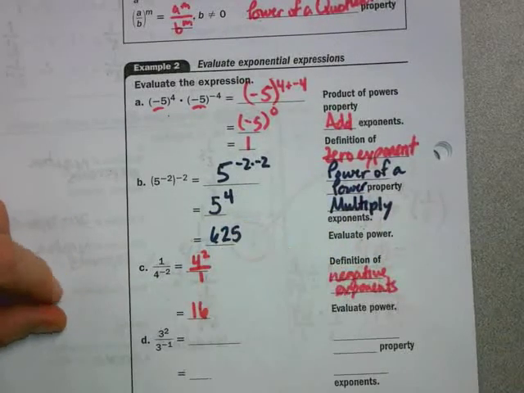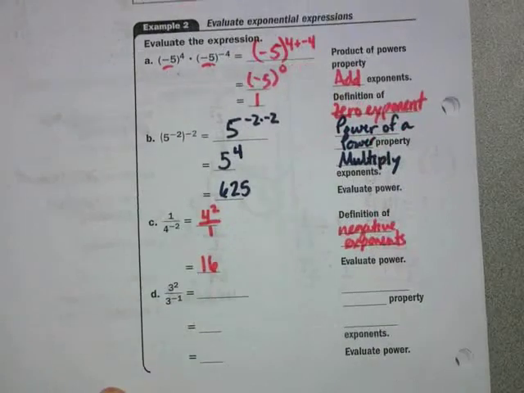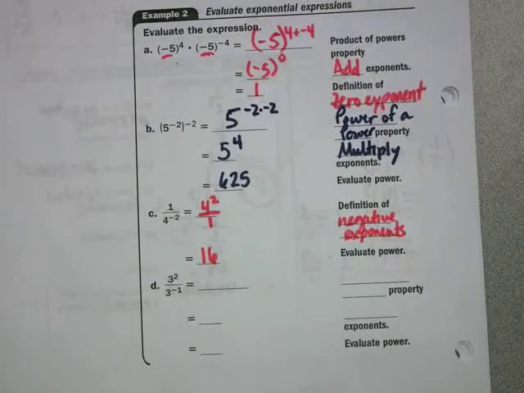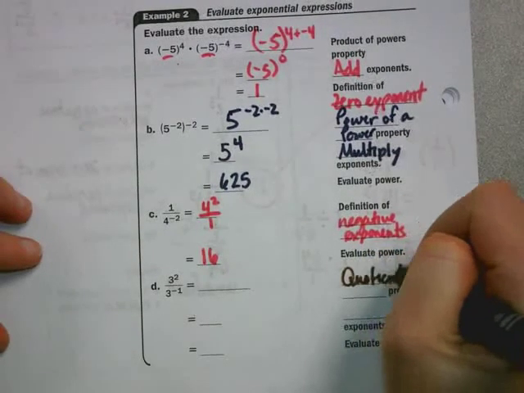Okay, the last one. 3 squared is on top. 3 to the negative 1 is on bottom. So here's the deal. What we need to do is use the quotient of powers property, because they're the same base and it's division.